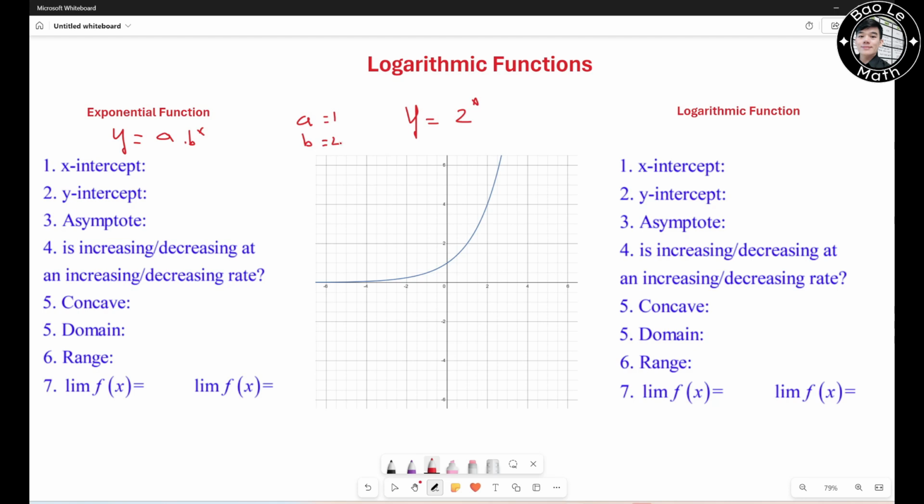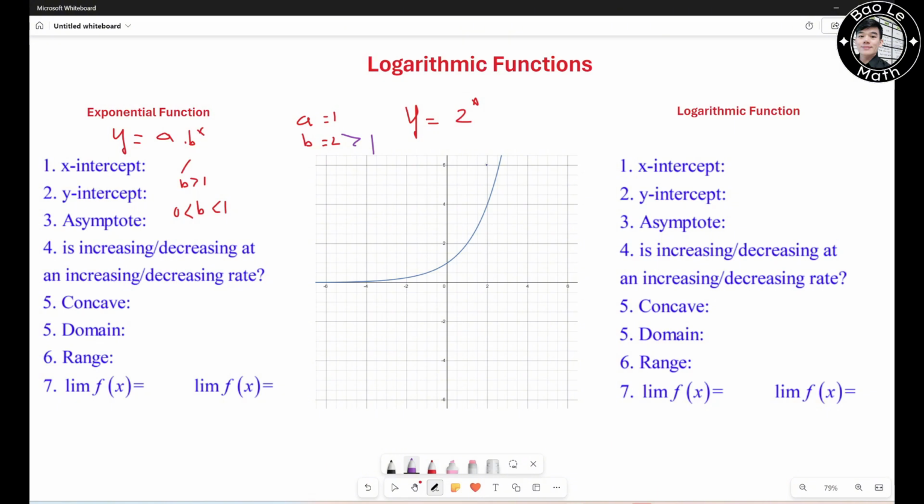We have two different cases of exponential function. The first case, b greater than 1. The second case, b greater than 0 and less than 1. So in this situation, b equals 2, which is greater than 1, so we're going to explore the first case, b greater than 1.